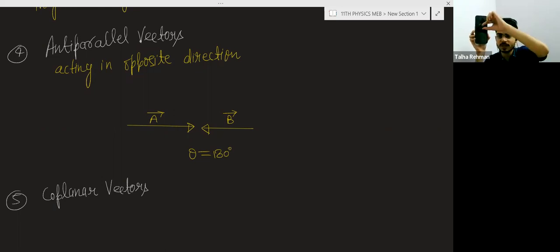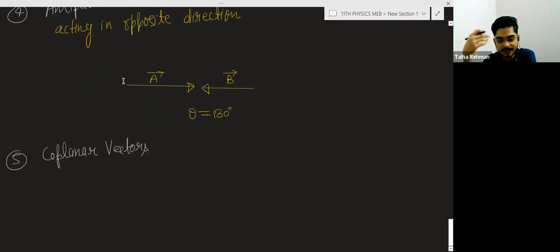Suppose there is something which is out of this plane. Suppose this is the plane now. So if the vectors are acting on this plane, then they are coplanar vectors. If suppose there is any vector like this, which is acting out of this plane, that vector will not be the coplanar vector. So for the coplanar vector, you can write vectors acting in same plane.